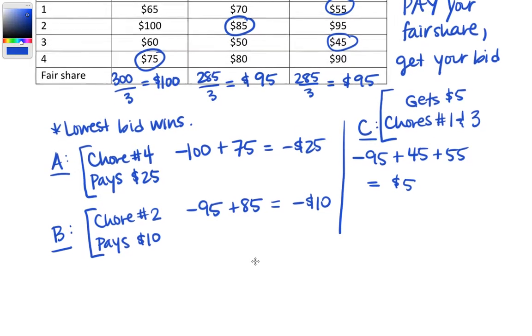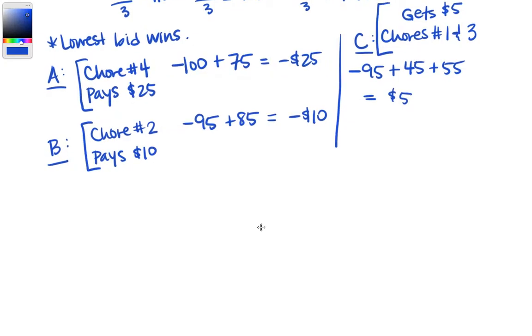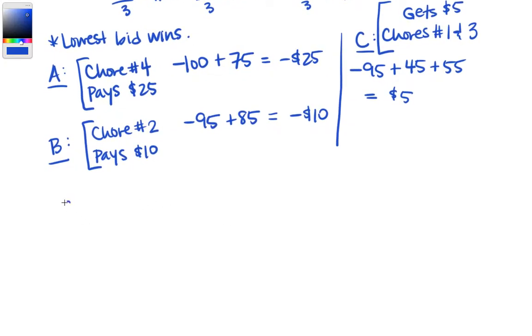Now we want to figure out what the surplus is. All right. Well, let's see what got paid in. Allie paid $25. Brianna paid $10.